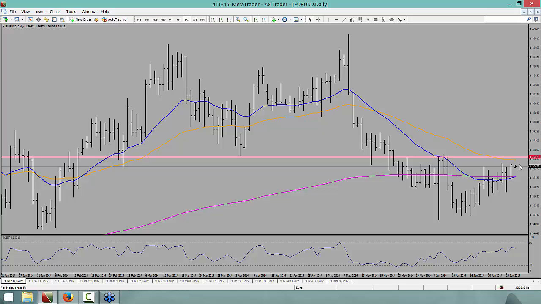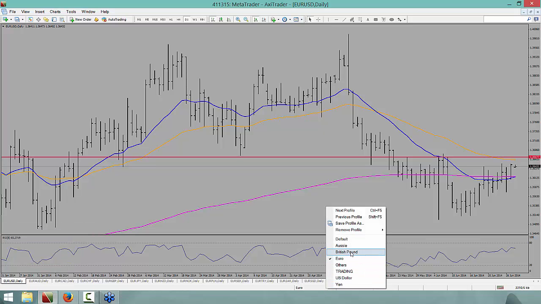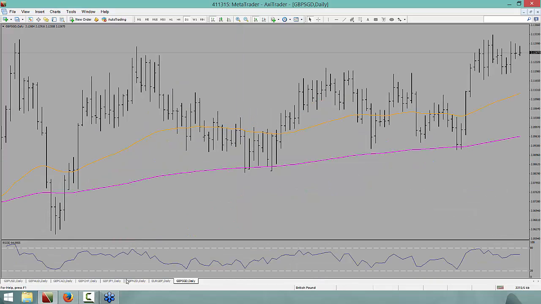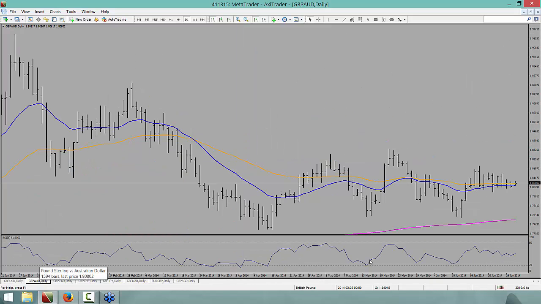Could we have a look at the breakout type of strategy for the pound Aussie? Yeah, we could. I don't see any sort of breakout strategy there. Let me just go back to it. No, there's not. I mean, you've got literally that across there, and then what have you?